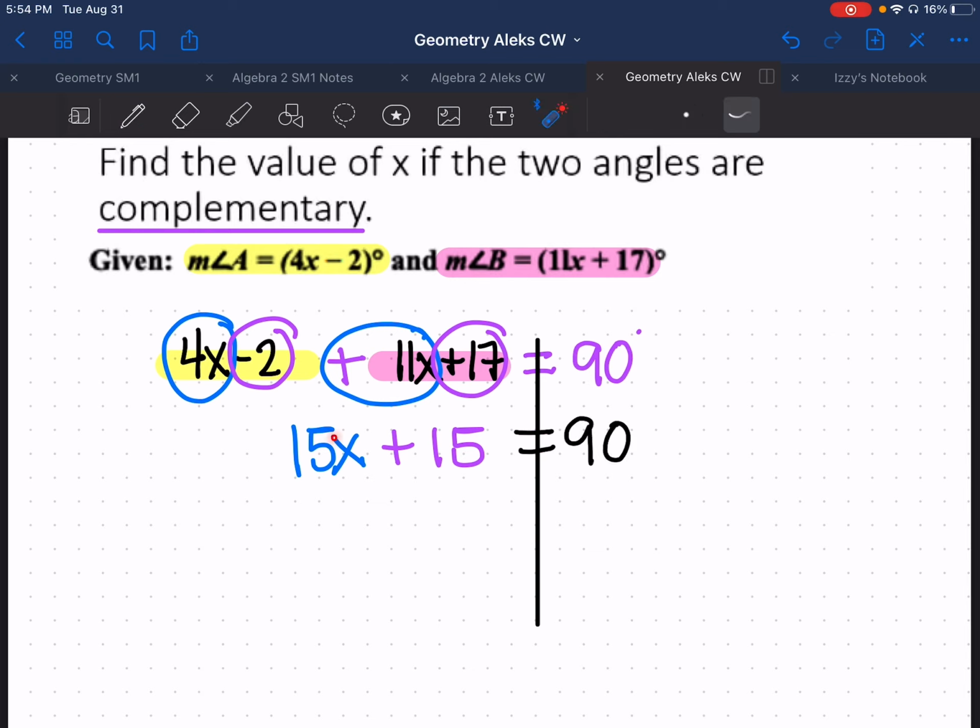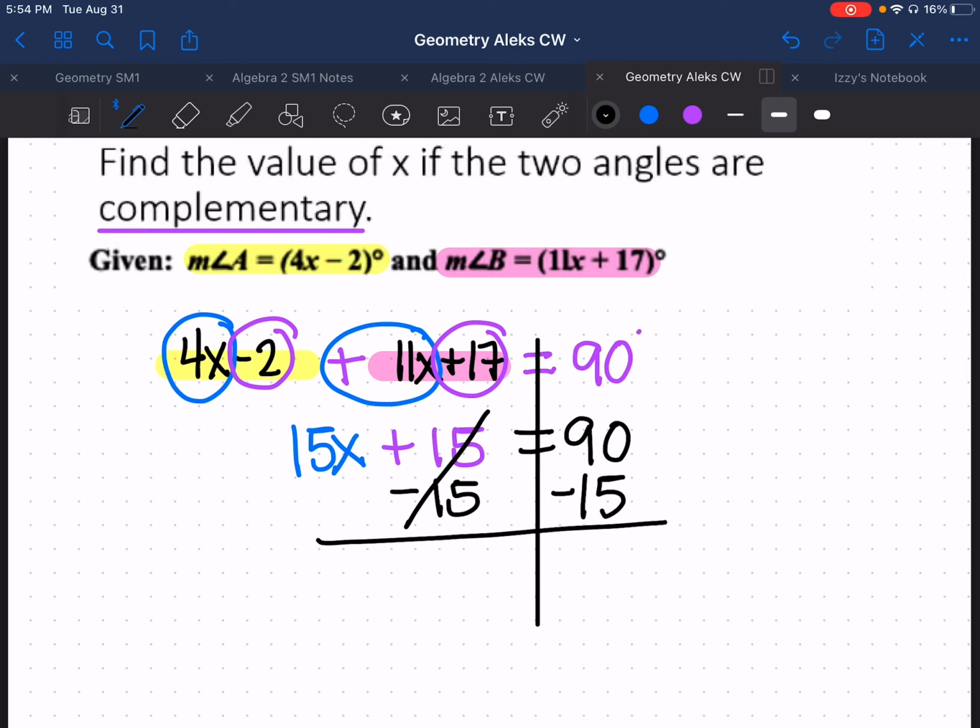I have my x on one side, so I'm simply going to get rid of the add or subtract. I see add, and by doing its opposite, which is, of course, subtract, 90 minus 15 is 75.